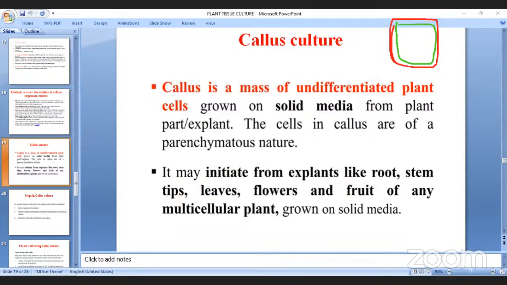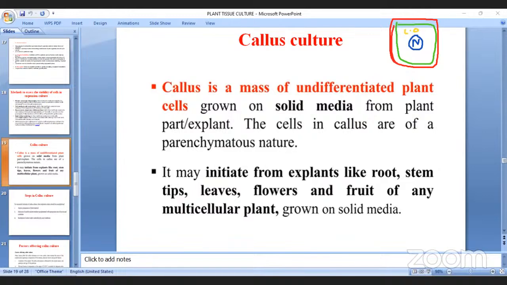Inside the plasma membrane, the nucleus is present, and around the nucleus, the remaining cell organelles are present, such as mitochondria, Golgi complex, ribosome, and so on. So this is the cell.